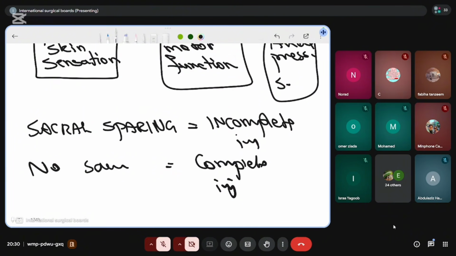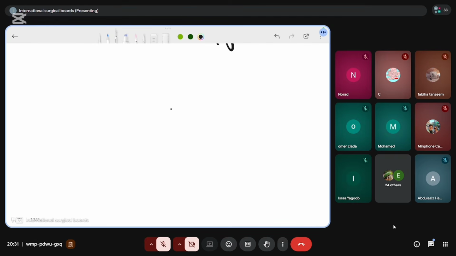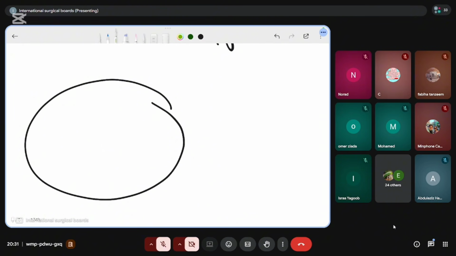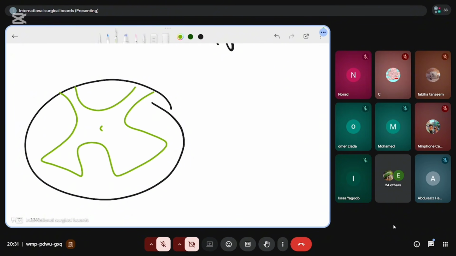I want to take you on a very quick tour of the spinal cord. This is the spinal cord: dorsal horns, ventral horns, etc. Here on the side, we have two important tracts. There's a tract over here called the corticospinal tract, or corticobulbar depending on the level.